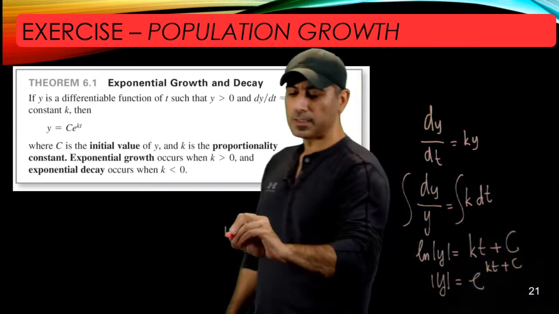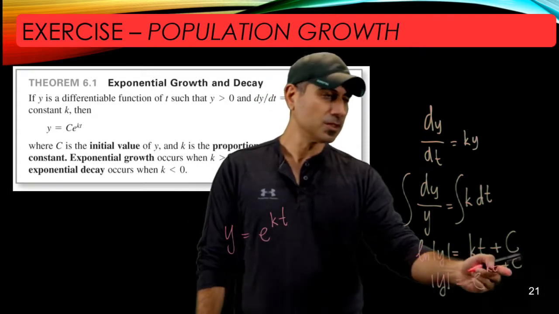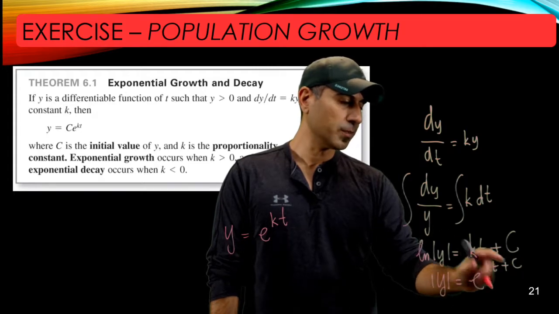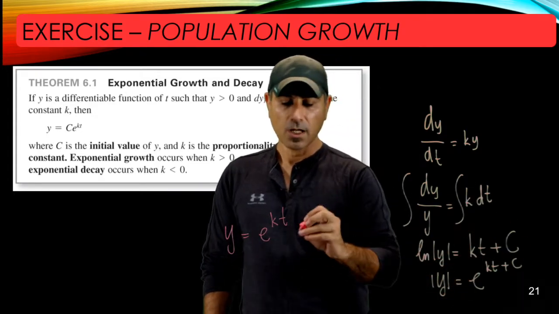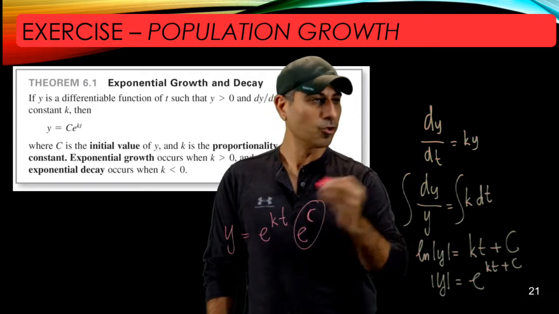And I can conclude that y equals e to the kt times e to the c, since c is an arbitrary constant coming out of the integration. So I can separate e to the kt from e to the c, but e to the c is also an arbitrary constant.